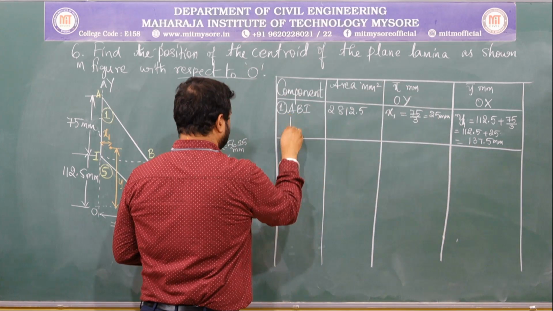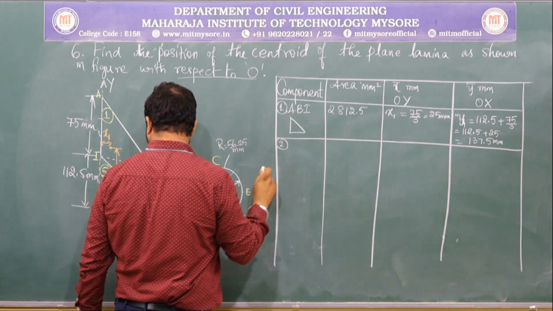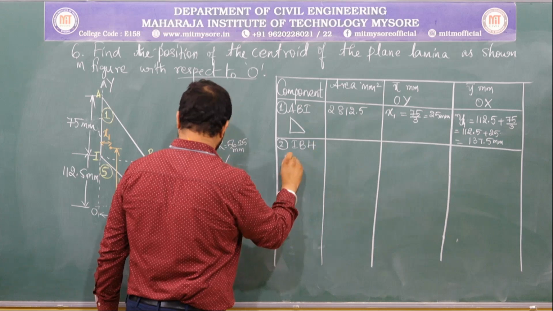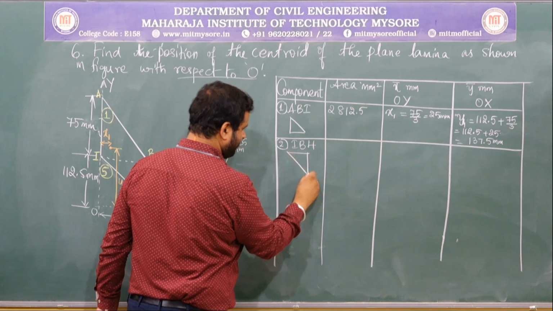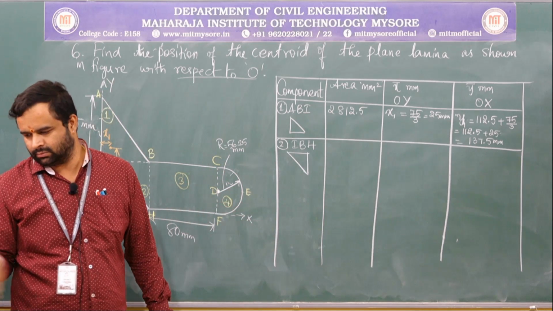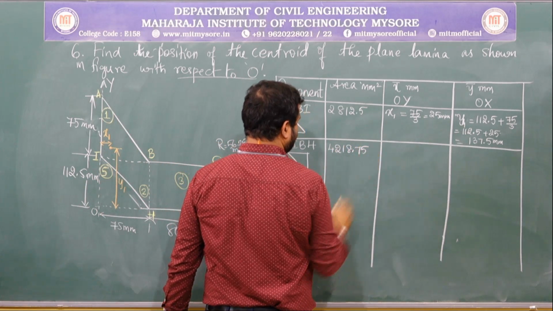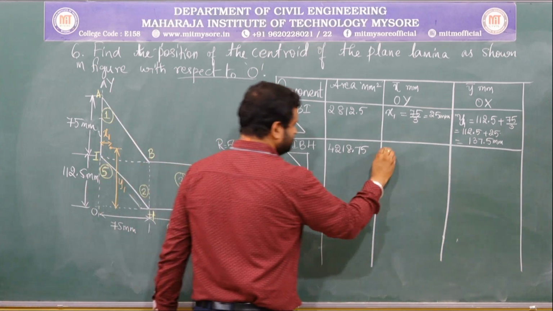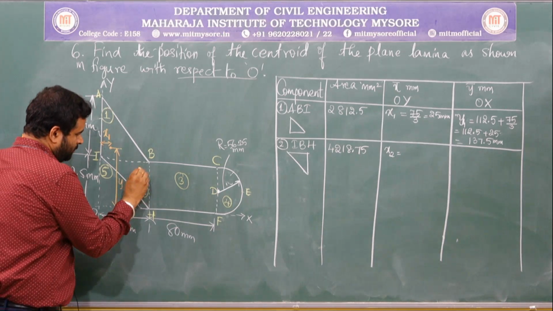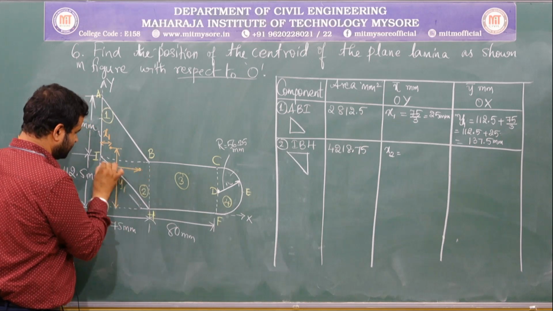So, this is a right angle triangle. Component 2, again it is a right angle triangle with I, B and H. So, what about its area? 4218.75 mm square, and x2. Locate the centroidal component of component 2 and measure it with respect to the reference axis.